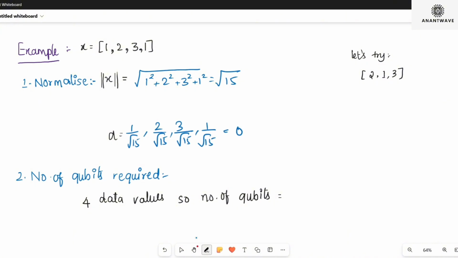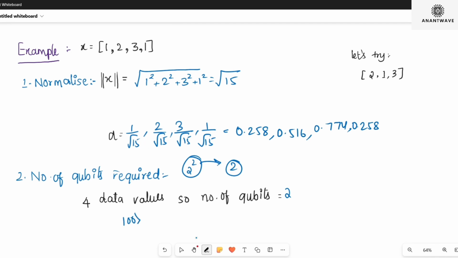The values are 0.258, 0.516, 0.774, 0.258. We have 4 data points, so we have 4 data values, that is 2 square data values. So how many qubits? 2 qubits are required. The basis states will be 00, 01, 10, and 11. We'll be representing these data values we got as amplitudes.